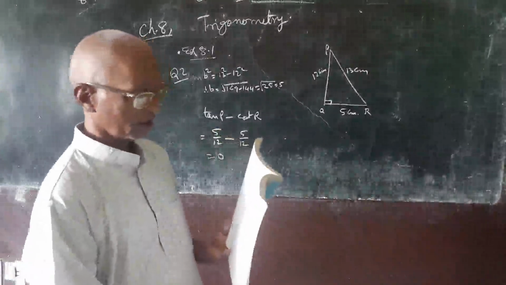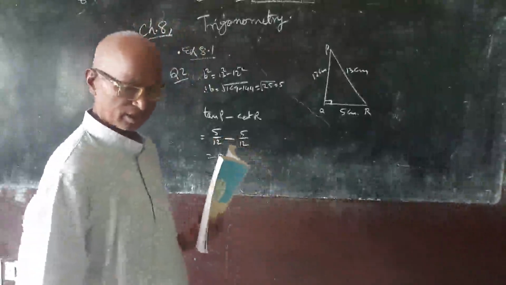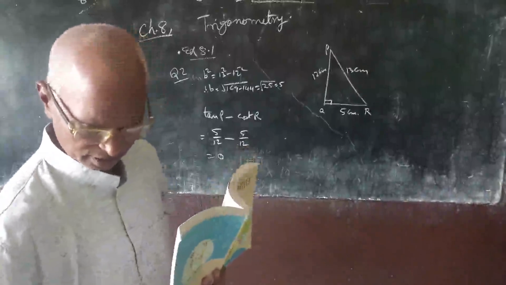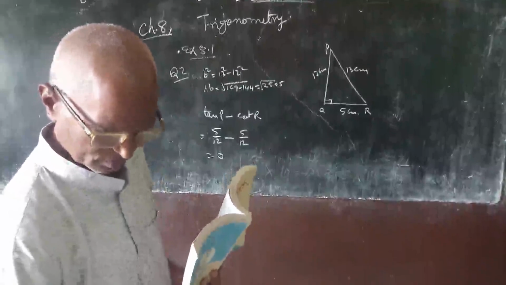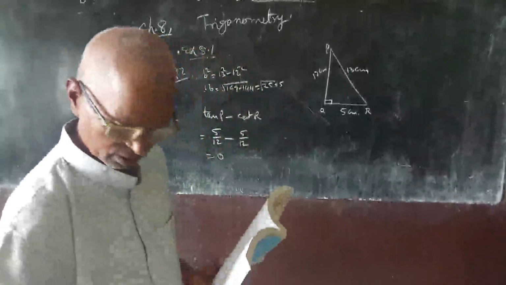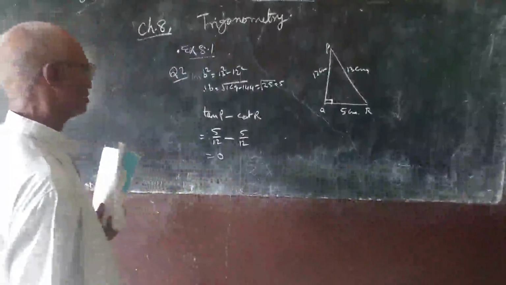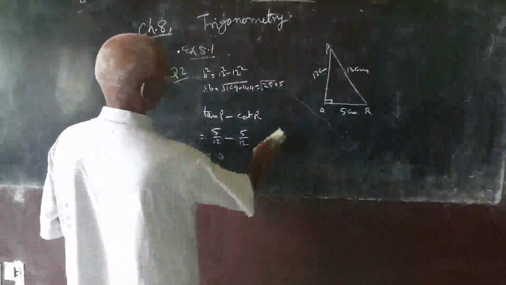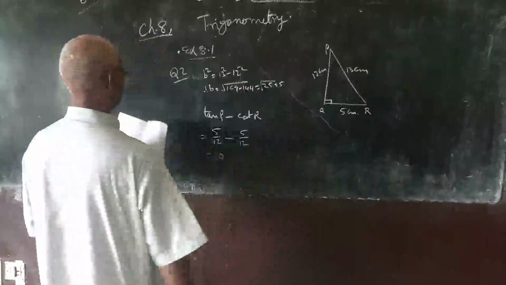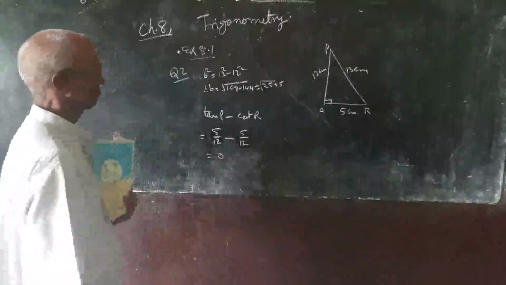In the first question I told you that in complementary ratios, one complementary ratio is equal to the other complementary ratio of the other angle. So here this is very easy, try to understand it.